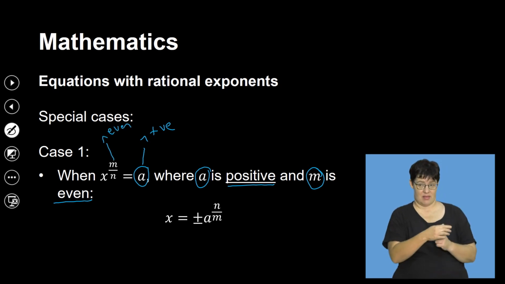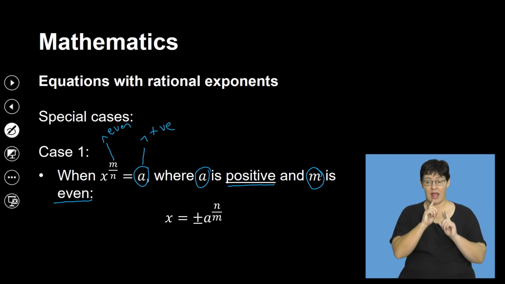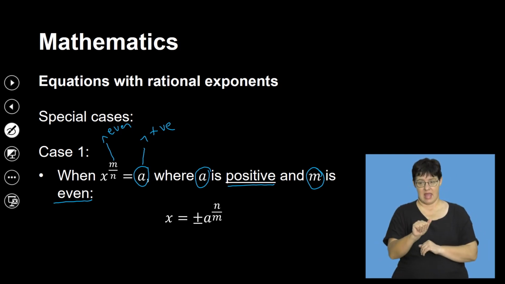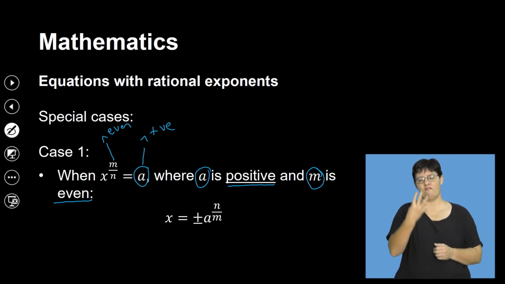This is a very special case, and there's going to be the next special case. What this means is the answer here is going to be plus or minus a to the exponent of n over m. Why? Because it will be more like you are square rooting on both sides, right? Or fourth rooting if it's 4.